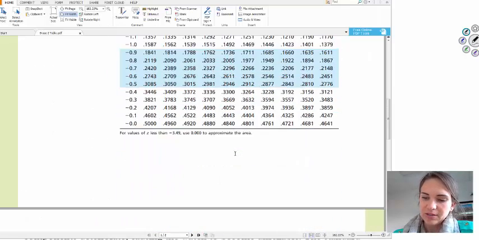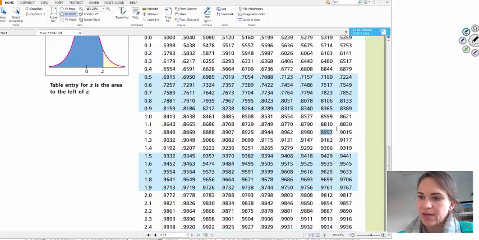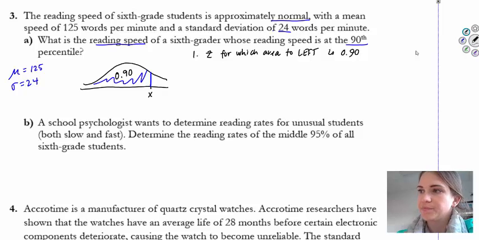We want 0.9, so that will be somewhere in the positive z's table. 0.90, 0.8997. That's very close. 3 10,000ths from 0.9. So that value is 1.28. So that's how many standard deviations we need to be from the mean.